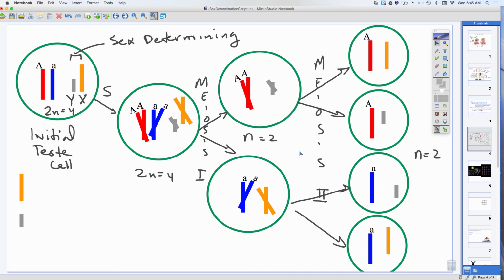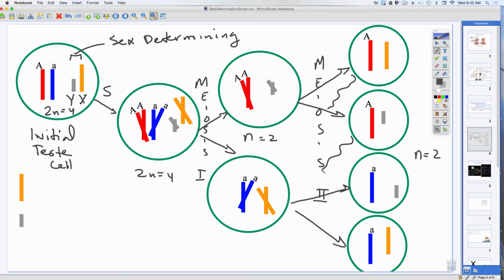And I think what's interesting here is that all 4 of these gametes are different, in that we have a little a allele with an X chromosome, a little a allele with a Y chromosome, a big A with a Y, and a big A with an X, and this gets back to the point of creating genetic diversity.